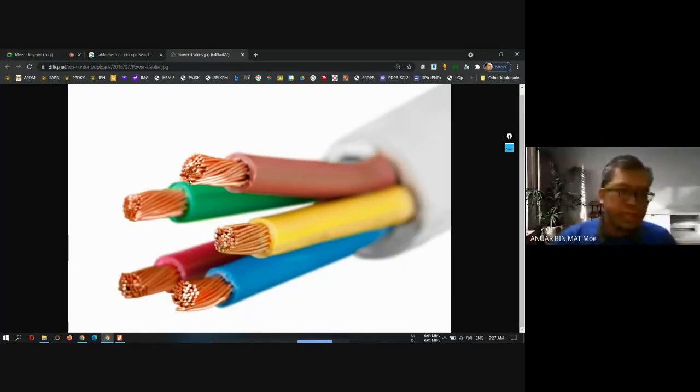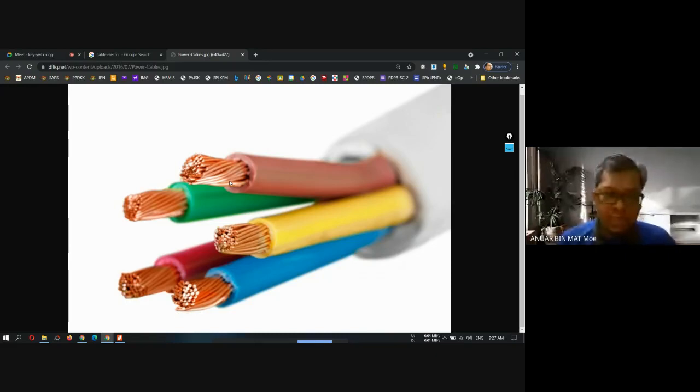This is copper actually. Right? If you compare copper and iron, copper has less resistance, meaning that the electric current can flow through it more efficiently. That's why we use copper.